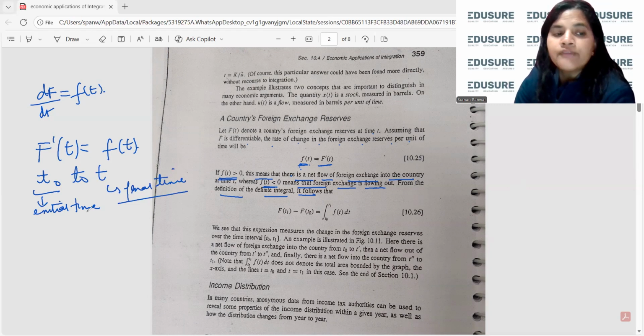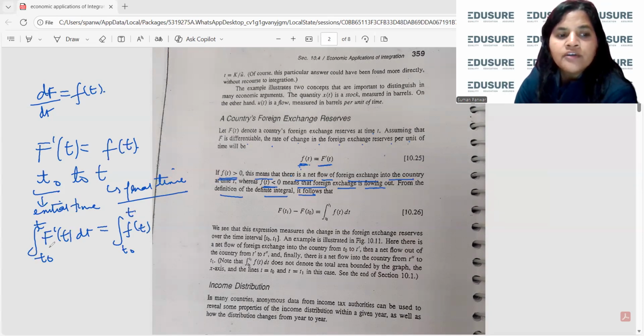As per the fundamental theorem of integral calculus, when we integrate F'(t) from t0 to t, the integration of F'(t) will be F(t), with the final limit t and initial limit t0.